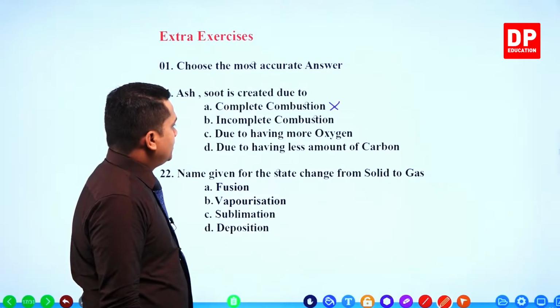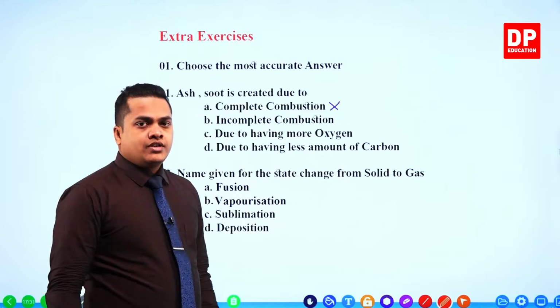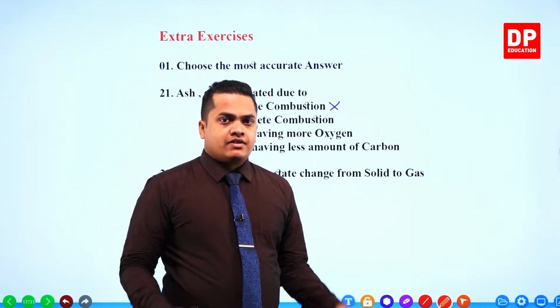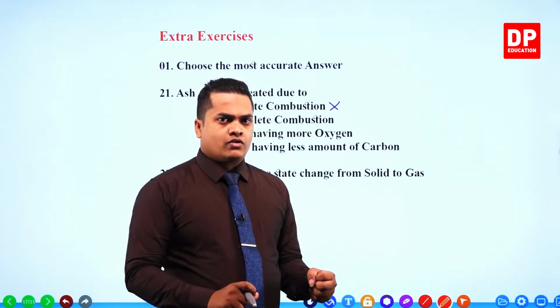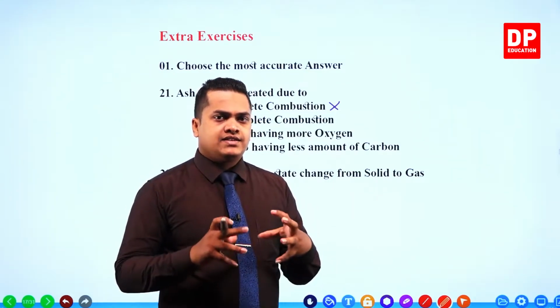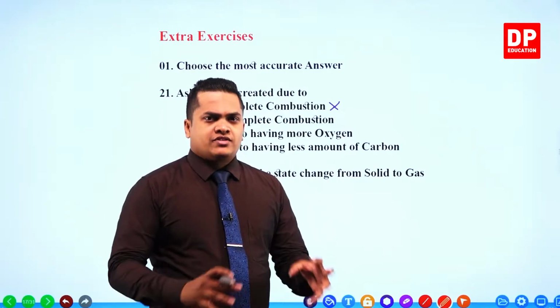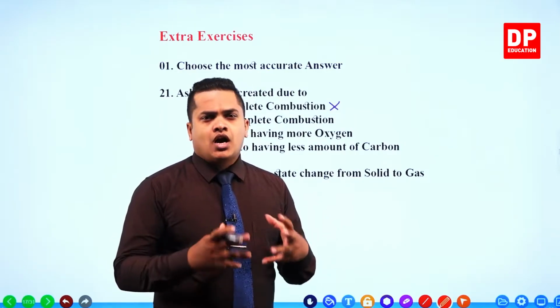Number 2, incomplete combustion is the answer then. Due to incomplete combustion, several other products rather than water vapor and carbon dioxide gas are created, like ash and soot. Ash and soot are made up of unburned carbon particles.